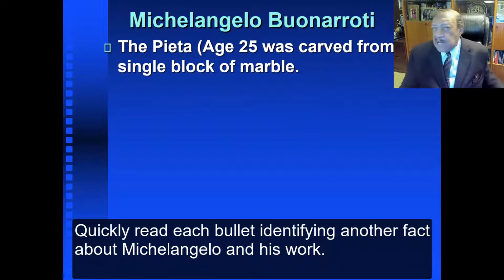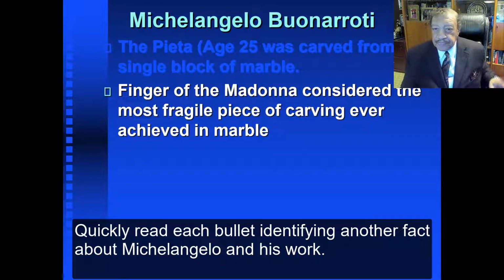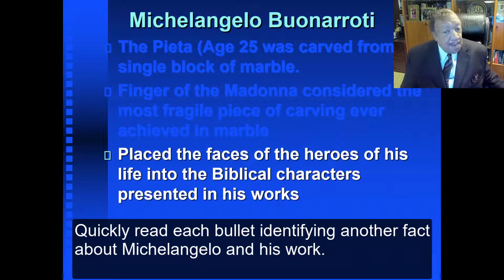We pronounce his name Michelangelo Buonarroti because we use the vowel system of the Europeans, but at age 25, he carved that Pietà that I just pointed out to you from a single block of marble. That finger is considered the most fragile piece of carving ever achieved in marble.